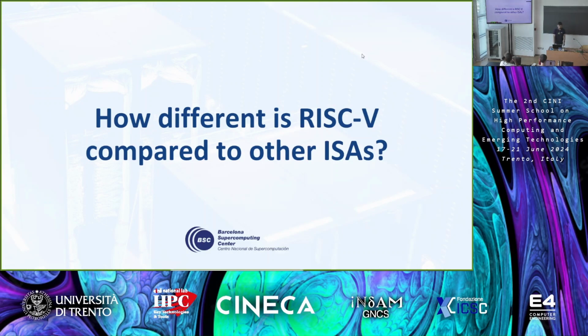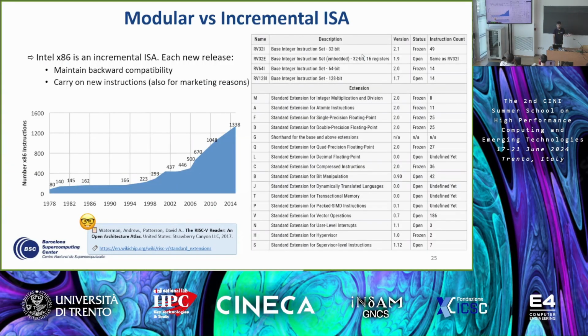Move on. Yes, how different is RISC-V compared to other instruction sets? Here I go fast. The important point is the difference between an incremental ISA and a modular ISA. Incremental ISA means that if you come with a new release, you have to maintain all the old instructions plus the new ones. So every time I come with a new nice instruction, I still have to maintain the old one, right?